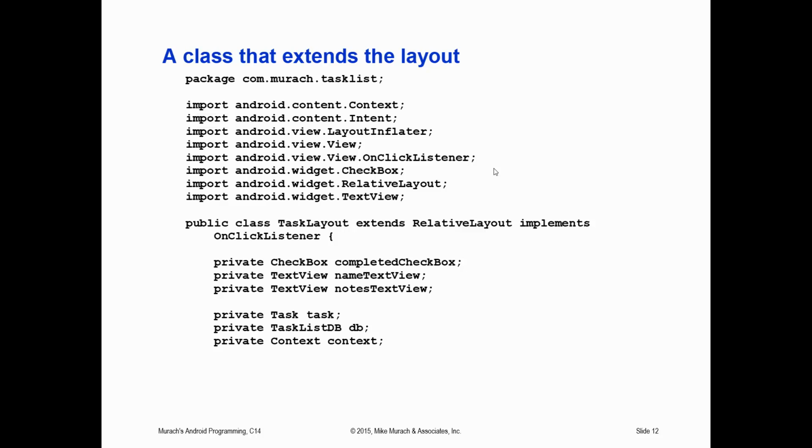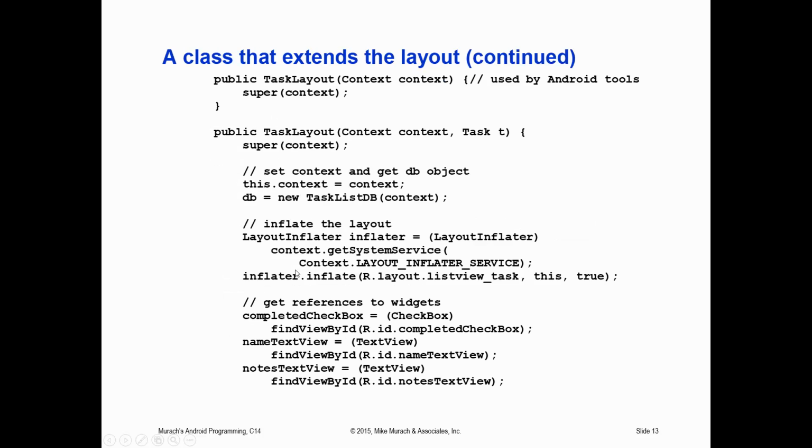So the task list layout class begins by extending the relative layout class and implementing the on-click listener interface. Then we've got a couple different constructors here. The first constructor that you see at the top supports some of the Android tools. It's not technically required, but it's a good idea to put it in there.